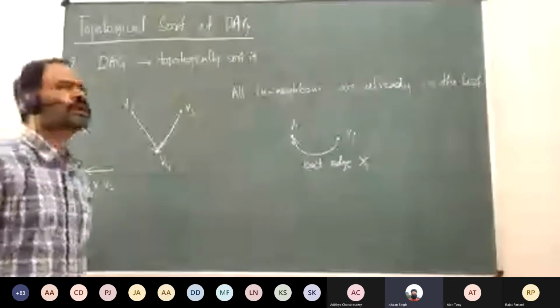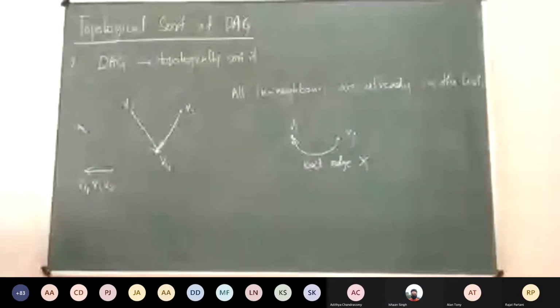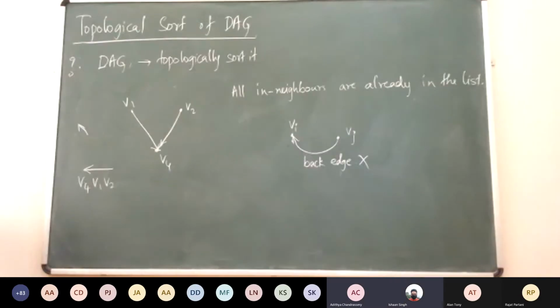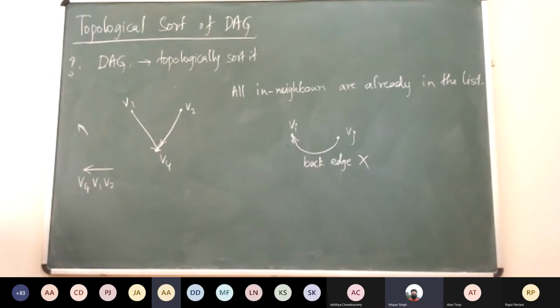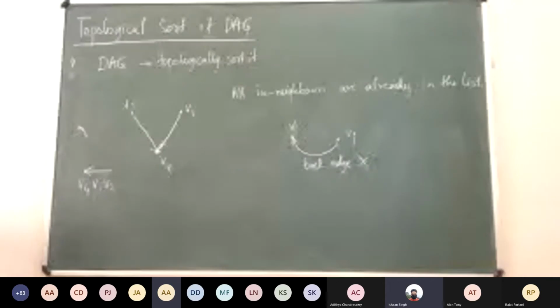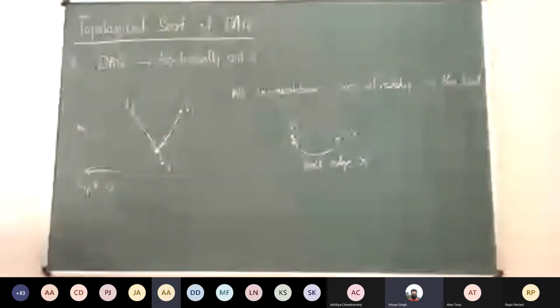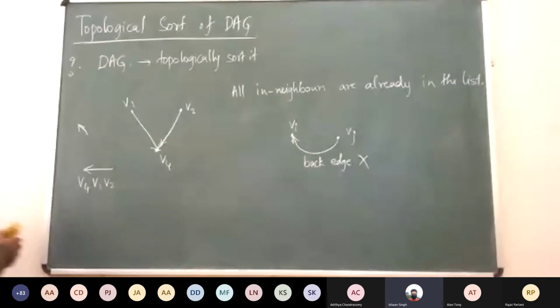How do you check if all the parents are visited? Because we have the visited array where we mark every vertex as true. Before marking the current vertex as visited, we check if all the vertices from which there are in edges to this particular vertex are visited.